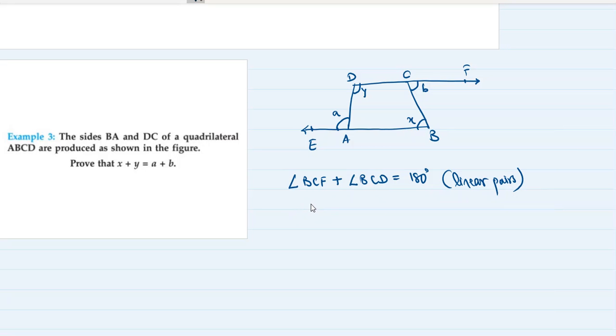Angle BCF is B plus angle BCD, we don't know, is equal to 180 degree. So angle BCD is equal to 180 minus B. So this is 180 minus B.